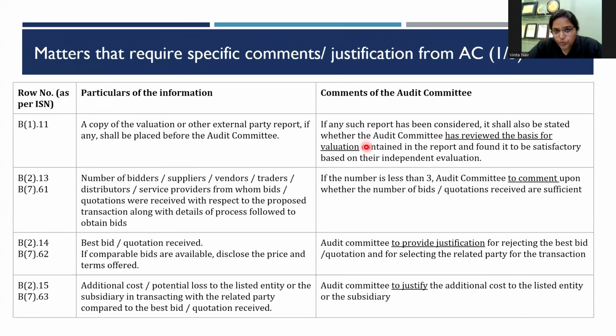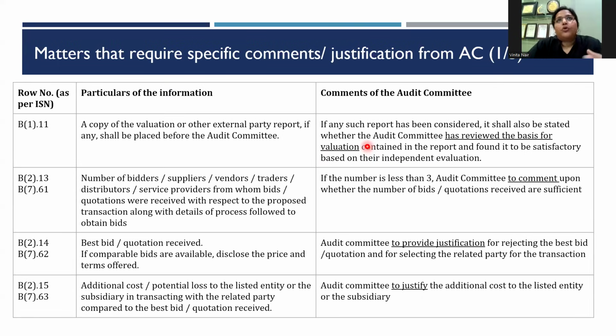In our view, the answer is no. The intent is, what was the basis? What was the purpose for which valuation was undertaken? What was the set of data which was provided by the management? For example, if the management provided certain projections, then whether the valuer simply relied on those projections or sort of verified them.